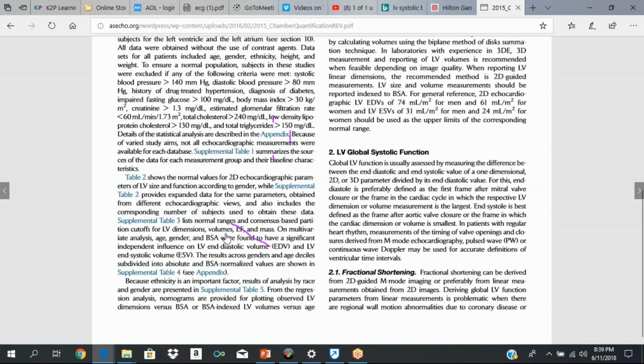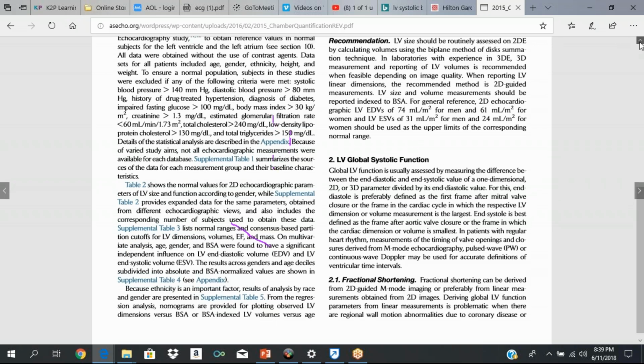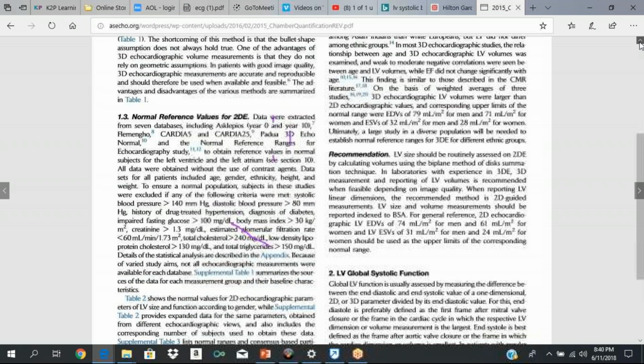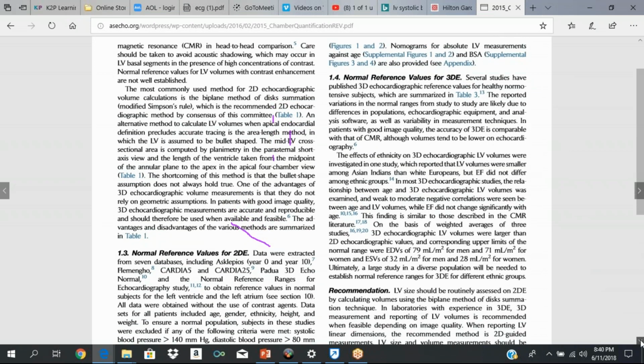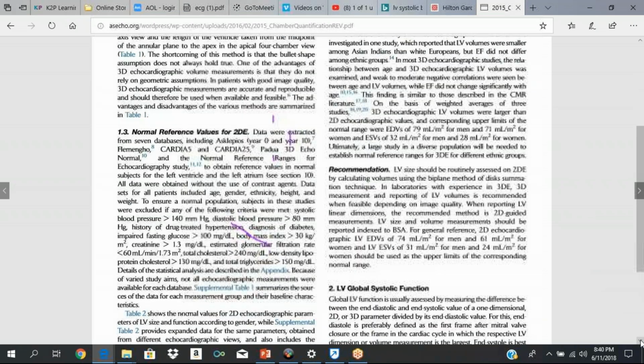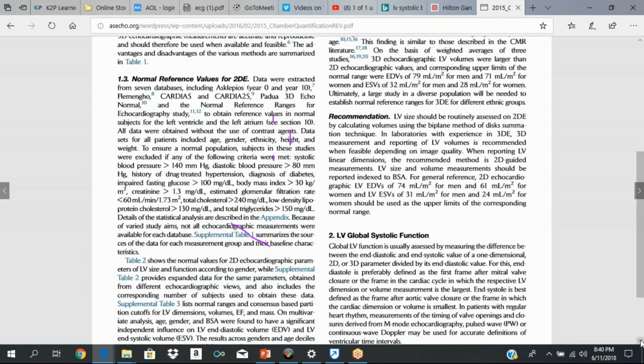Essentially, what I'm going to show you now is the different values for the different sexes. We're not going to do 3D because 3D is a whole new set of measurements. When reporting LV linear dimensions, the recommended method is 2D guided measurements.